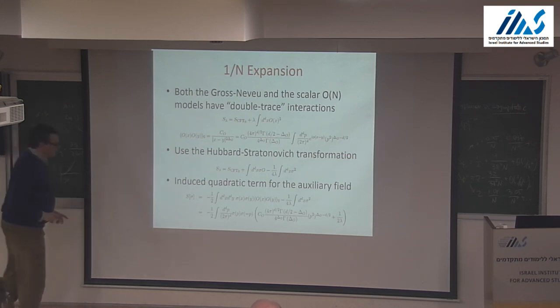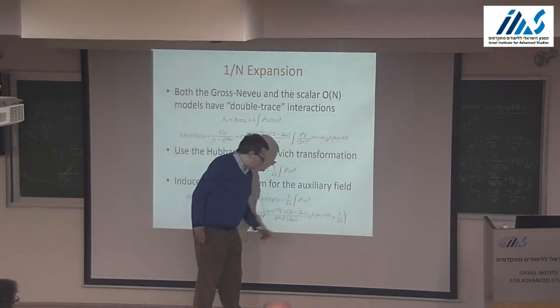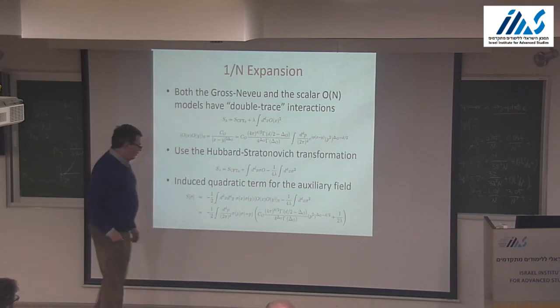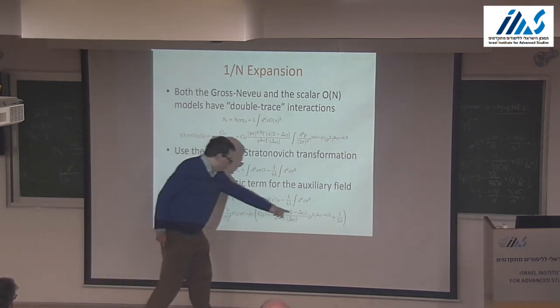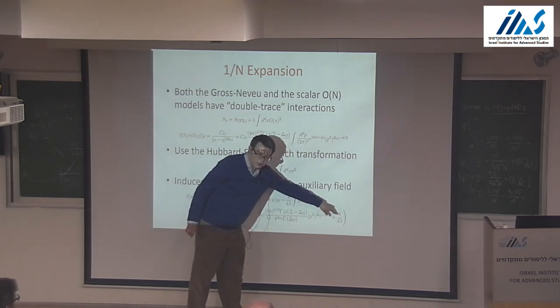So now you see here 2 minus 3 halves, so it's plus 1 half. So you basically see that this goes like absolute value p plus some constant.